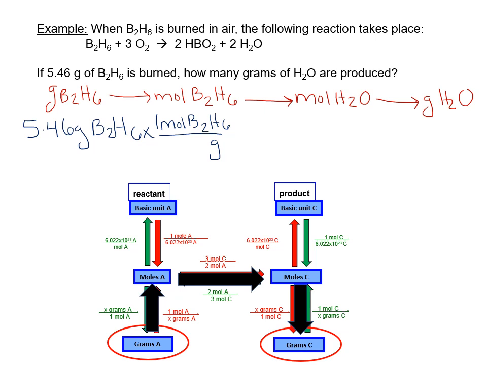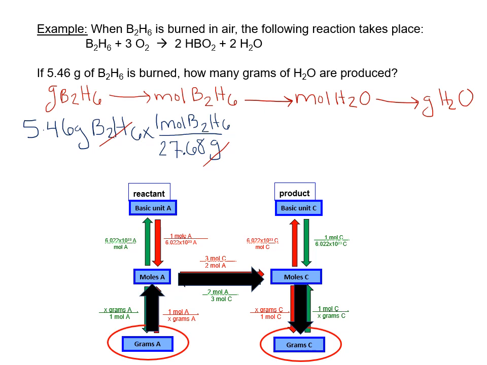There are 2 of them, so I multiply by 2, plus there are 6 hydrogens, each one with a mass of 1.01. When I add these together, I get that the molar mass of B2H6 is 27.68 grams. So this here will cancel the grams of B2H6.